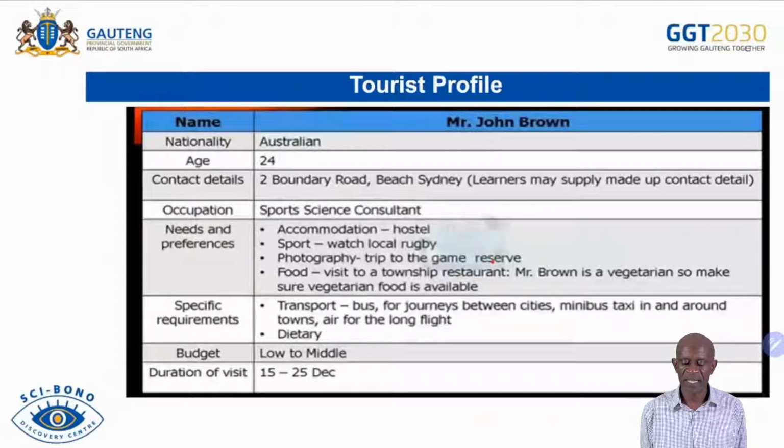The food, the type of food that Mr. Brown would like to enjoy, whether he's a vegetarian, whether he likes junk food sold in most of our townships, the kota, the malamogodu, inyama yenhloko. Those are the type of food that you'd associate this tourist profile with.